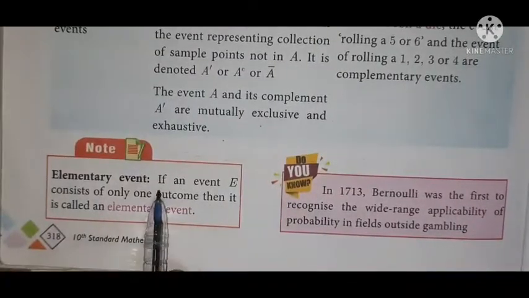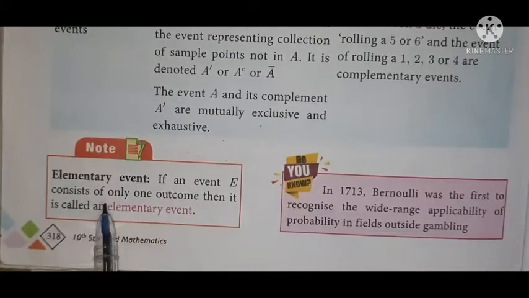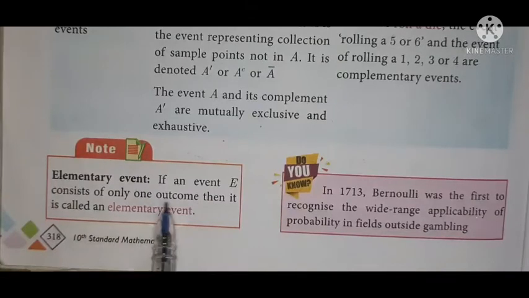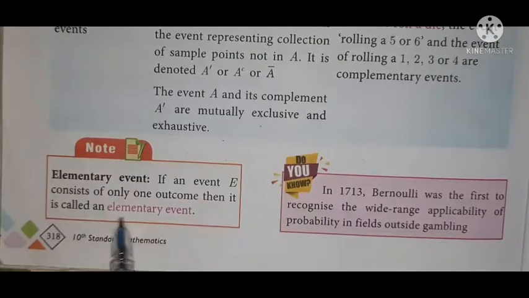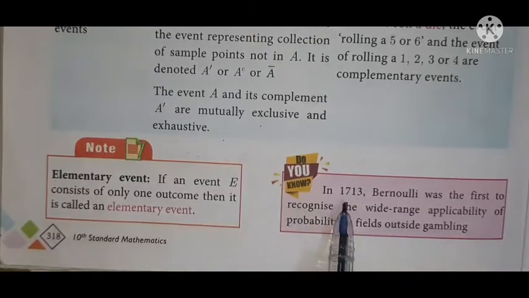Elementary event. If an event E consists of only one outcome, then it is called an elementary event. In 1730, Bernoulli was the first to recognize the wide range of applicability of probability in fields outside gambling.